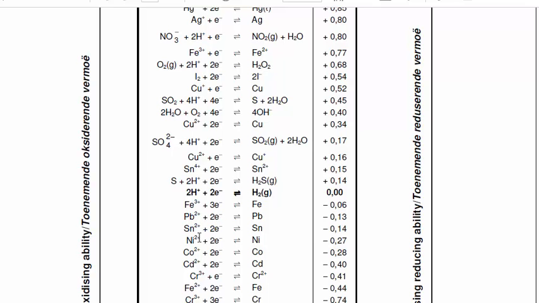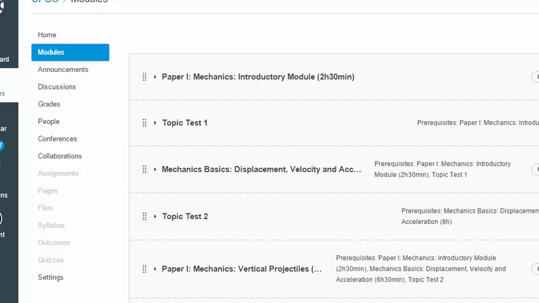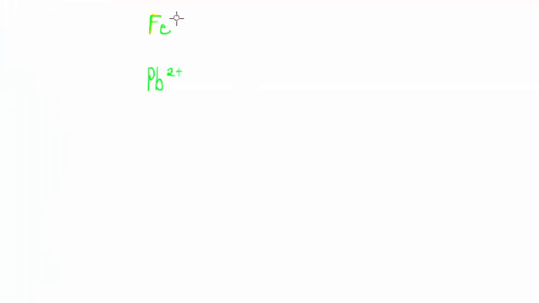Wait, let me just quickly think. Yeah, I think it is true. Okay, so in other words, let's just see, it's iron 3 plus. So if iron gives away electrons, but that's not likely.